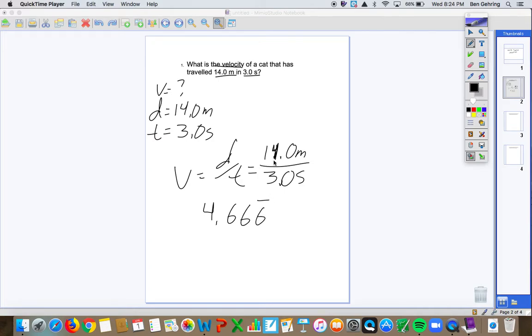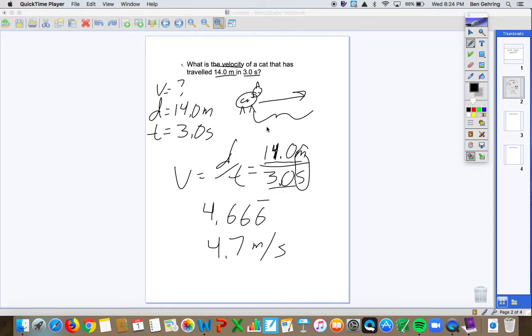In this case, I have 3 significant digits with 14. I have 2 with 3, so I need to round this to 2 significant figures. This is going to be 4.7, and then I had meters on top. I had seconds on bottom, so it's going to be 4.7 meters per second. And I should draw a picture. Label it a cat going this way.